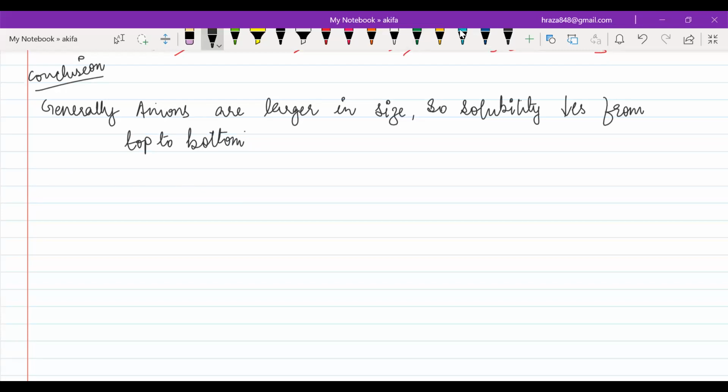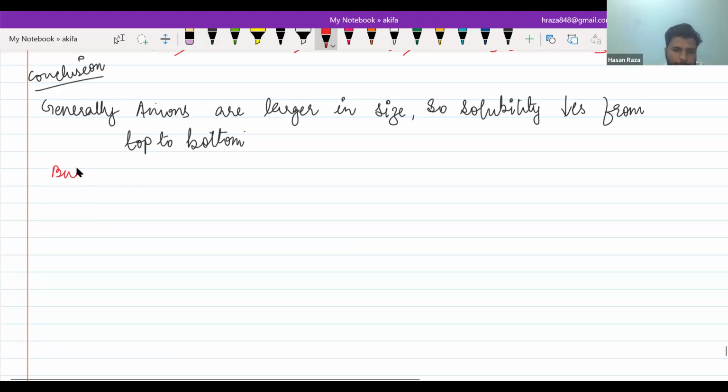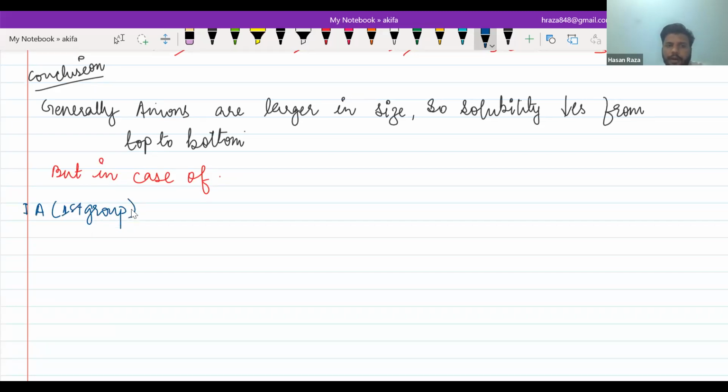But here is the important point. In case of 1A, that means first group, if the anion is F minus, O minus 2, CO3 minus 2, or in case of first group, I'm talking about HSO4 minus, SO4 minus 2, and SO3 minus 2.